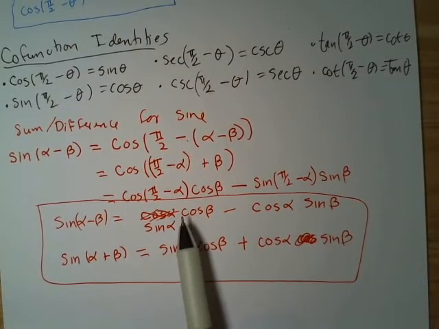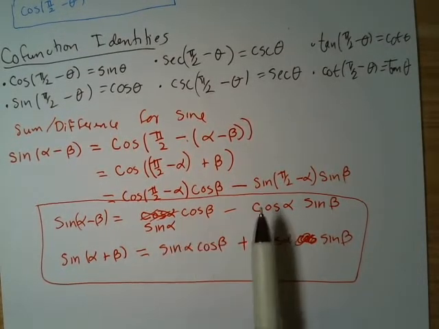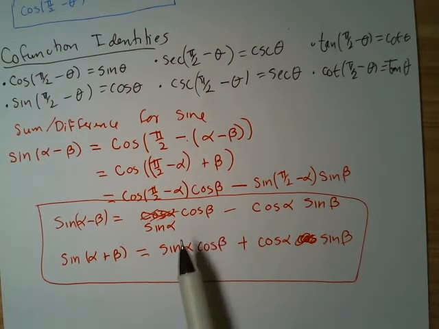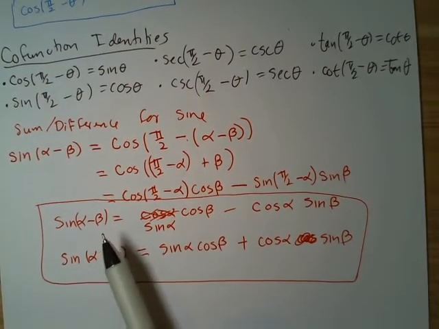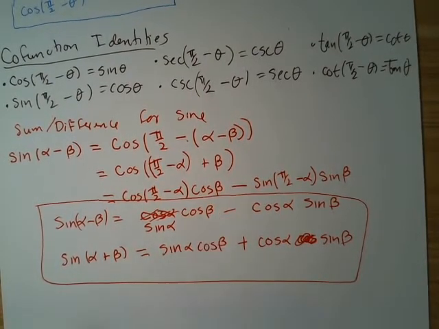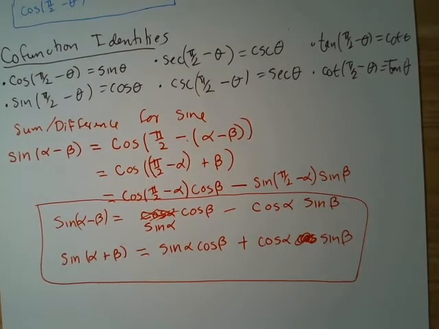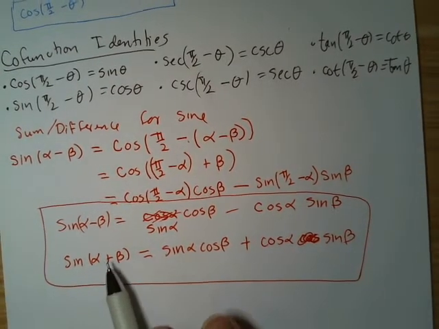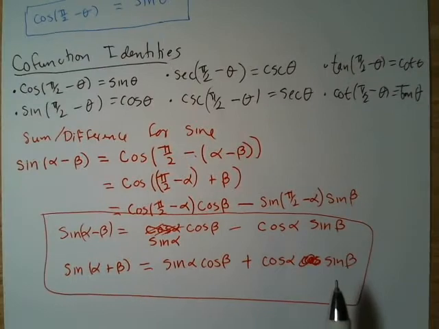In the cosine we have the same function, while here we have a mix of sine and cosine. Also, in the cosine the signs were flipped, while here plus corresponds with the plus.